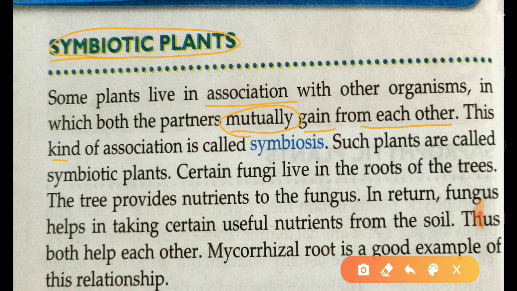This kind of association is called symbiosis, and such plants are called symbiotic plants. So in symbiotic plants, organisms live together in an association, and that association is known as symbiosis.